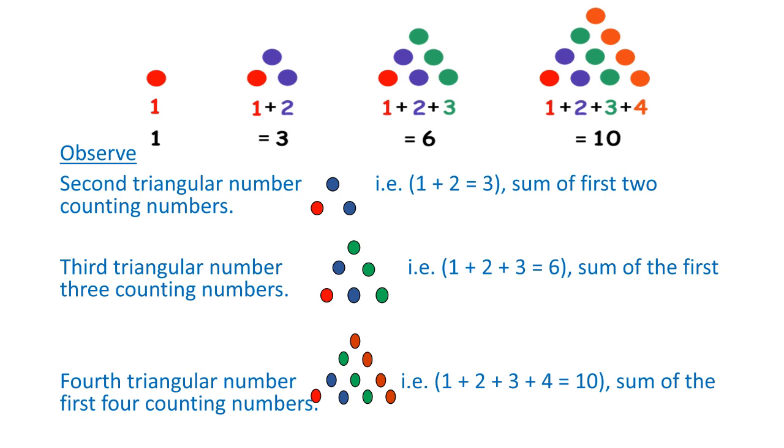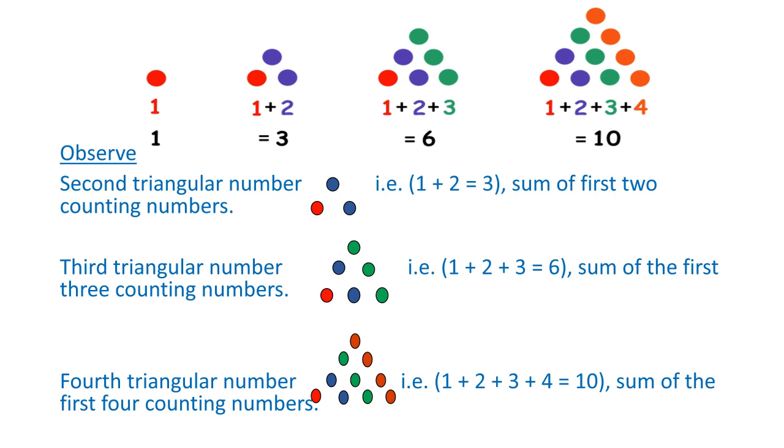Observe here, the first one has a single dot. The second one has 3 dots. How is the 3 coming? When we add 1 plus 2, we get 3. That is, if we want to find the second triangular number, we need to add the first 2 counting numbers.